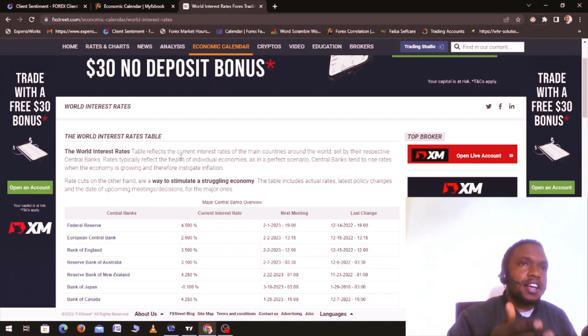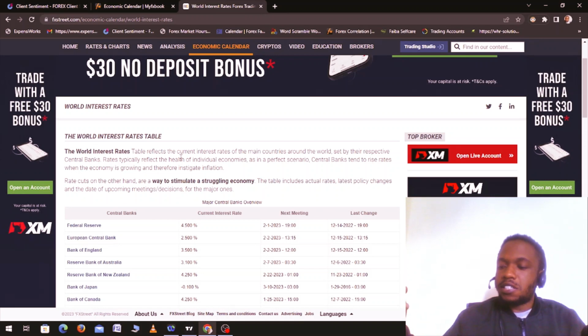And like I said before, when the interest rate is lower, what does it do to the currency? It lowers its value in the FX market. The reason being that they do this to get money into circulation in the country.